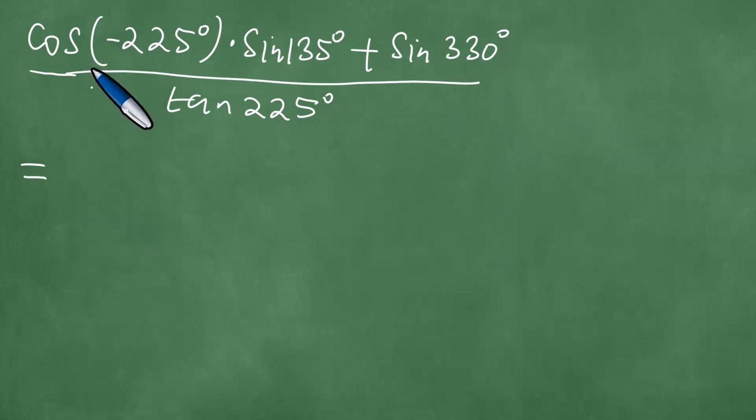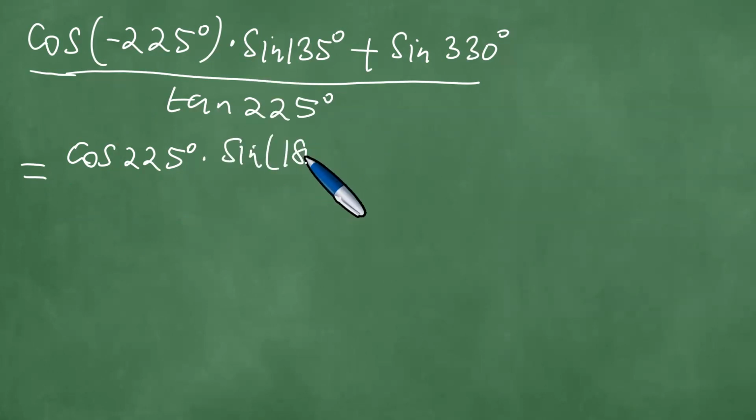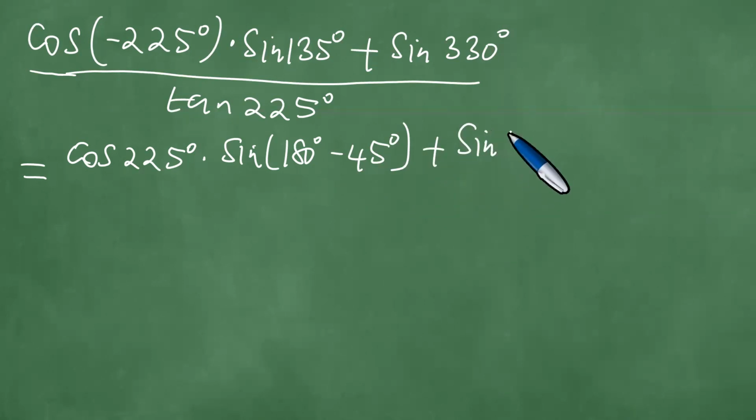First and foremost, the cosine of a negative angle is the same as the cosine of a positive angle of the same magnitude. The sine of 135 is the same as the sine of 180 degrees minus 45 degrees. The sine of 330 degrees is the same as the sine of 360 degrees minus 30 degrees.